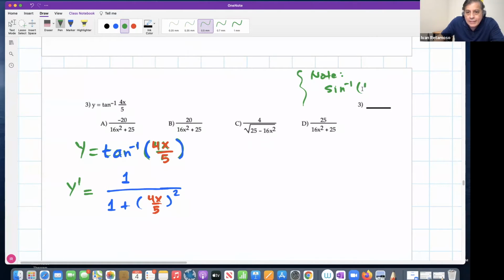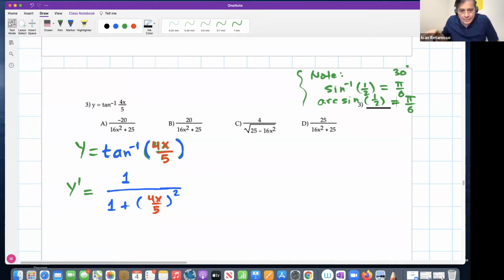Sine inverse of 1/2 is the angle whose sine is 1/2. This is pi over 6, which is 30 degrees. This is the same as arc sine of 1 over 2. The output of this is always in radians, but pi over 6 is the same as 30 degrees. So this is not an exponent. Instead, it tells you about the sine inverse function, right? Now it's better, okay? Yes, thank you.